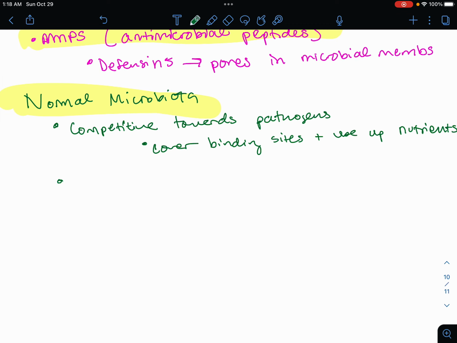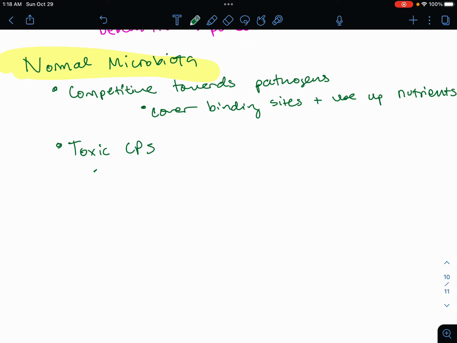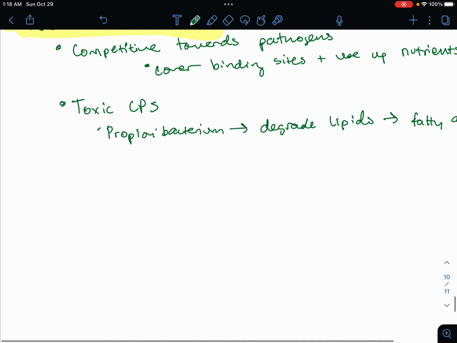Another way they're going to be competitive and get rid of these bad actors will be the creation of toxic compounds. A genus known as Propionibacterium will actually degrade lipids to make fatty acids, which microbes do not like.